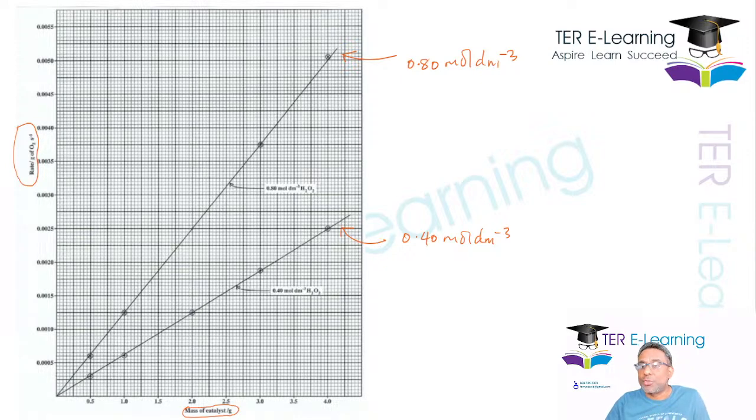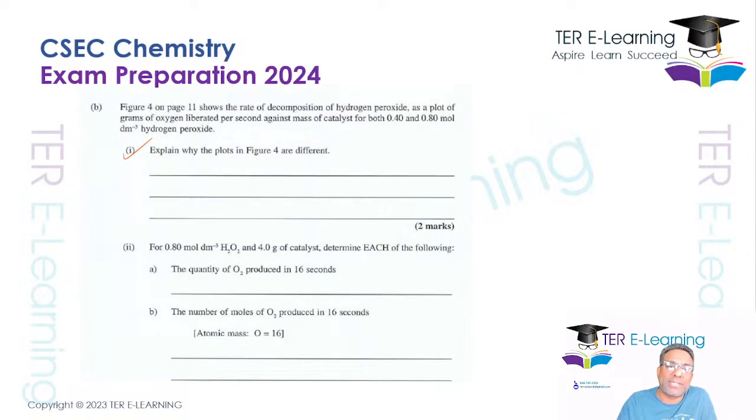All right, so let me see what people are saying here. People are saying the concentration, different particle. So let's see. In this case, they said explain why the plots are different.